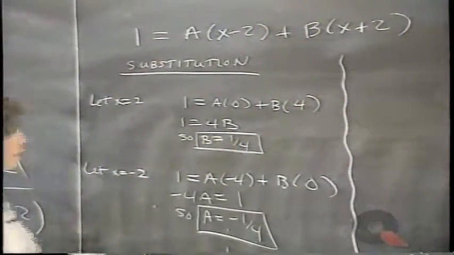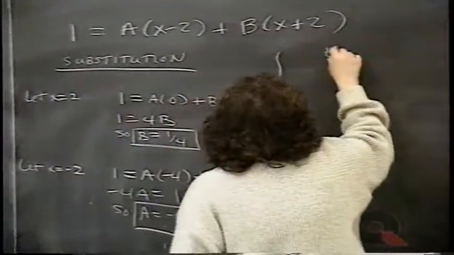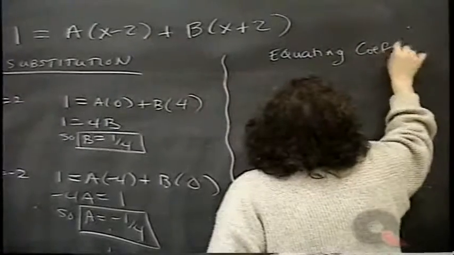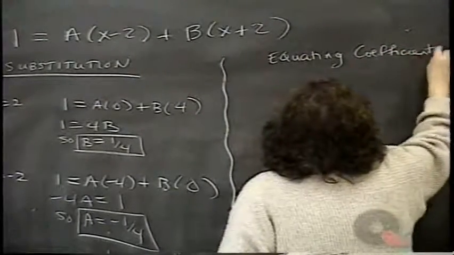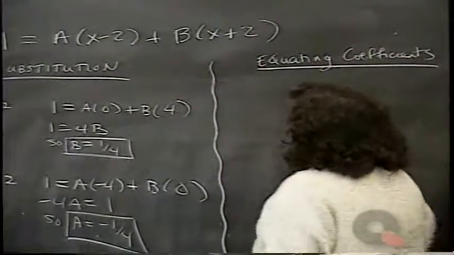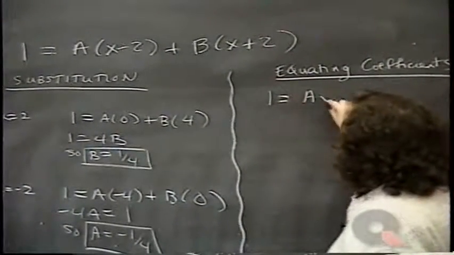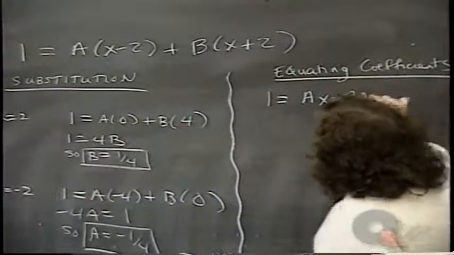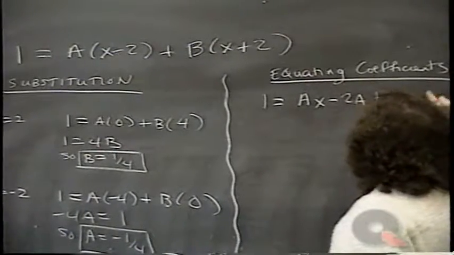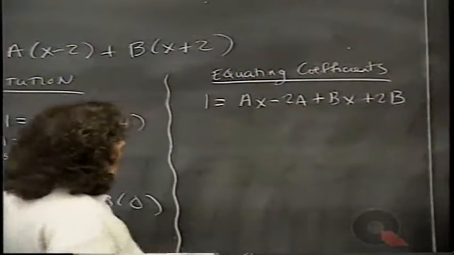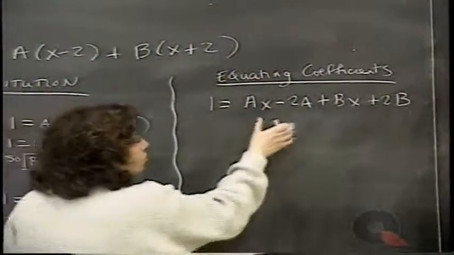The other method is known as equating coefficients. In this, we multiply out the right-hand side here. We have 1 is equal to Ax minus 2A plus Bx plus 2B. And we try to group like terms together.